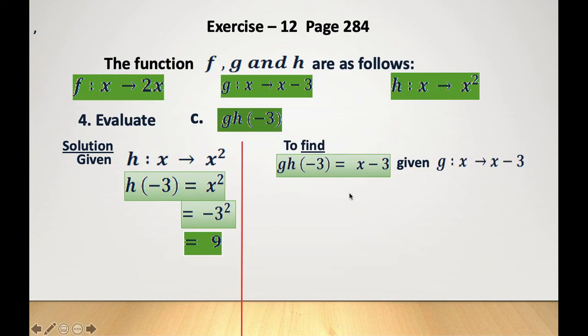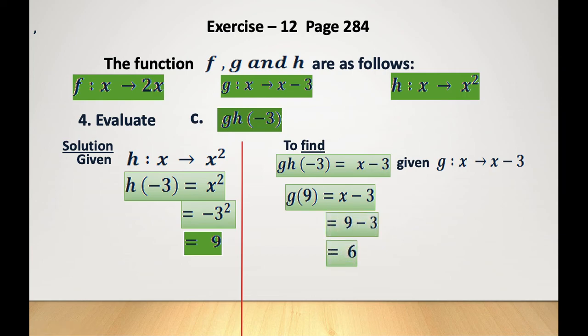you know from where I got this x minus 3, right? Because g of x is x minus 3. And this 9 is the output of h of negative 3, our input for g. So g of 9 is equal to x minus 3. Now we input 9 in place of x. So 9 minus 3, you will get 6.